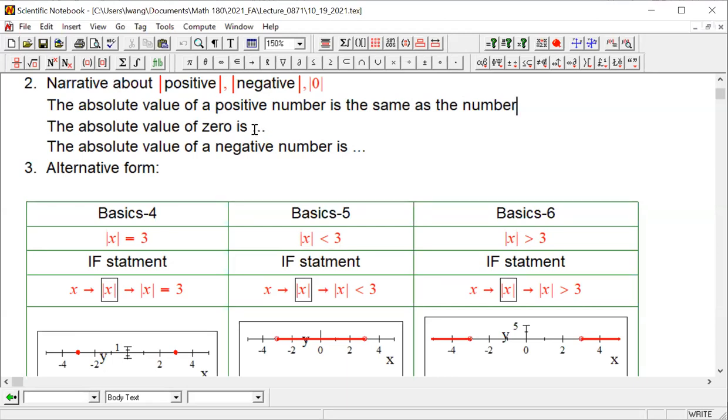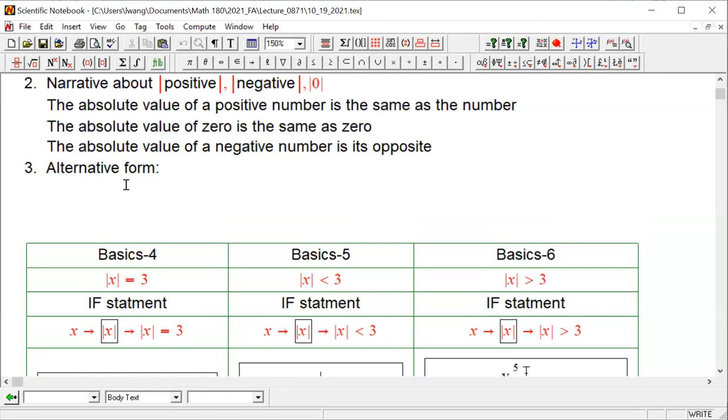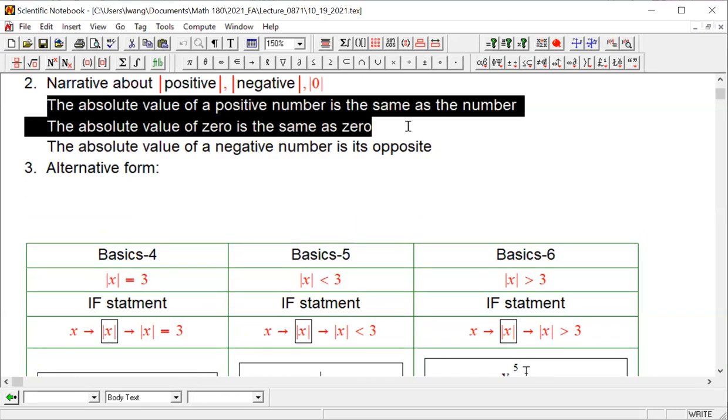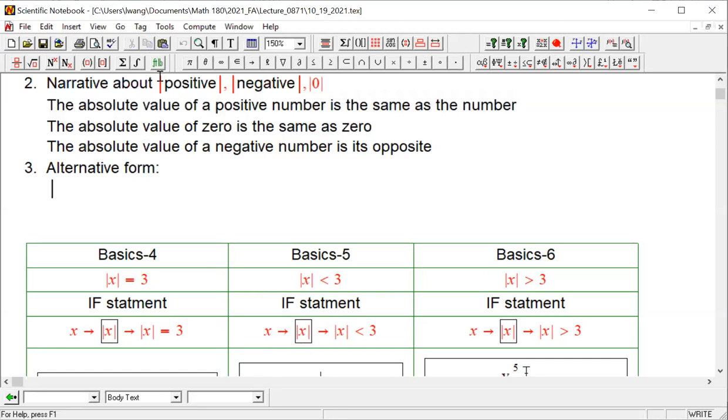Okay, and the absolute value of 0 is the same as 0, right? And the absolute value of a negative number is its opposite. Okay, remember we did that? And these three sentences summarized, we put these two sentences together.